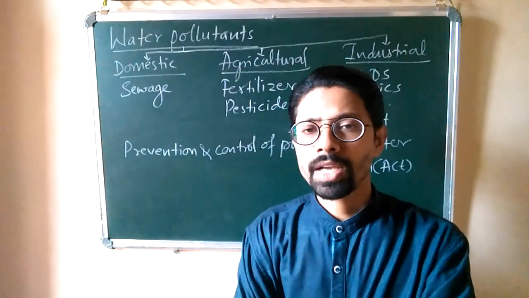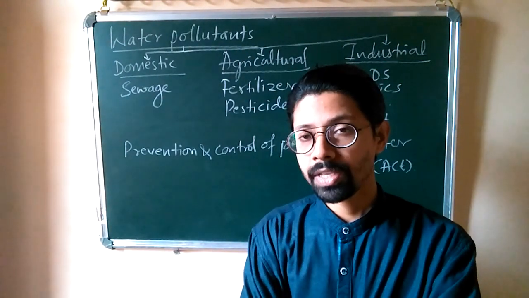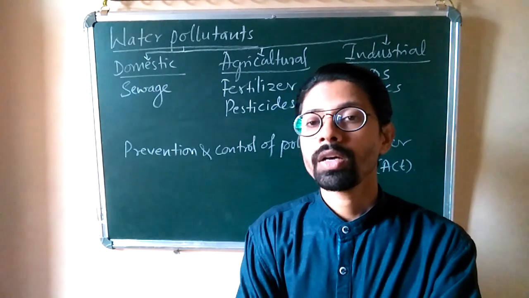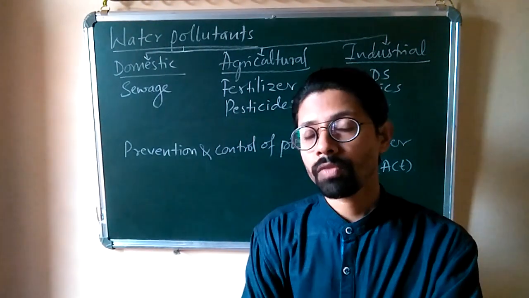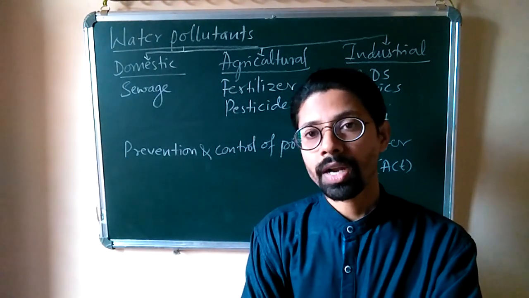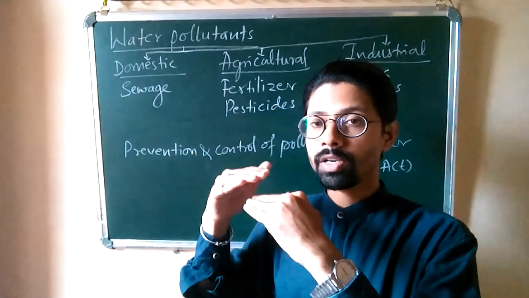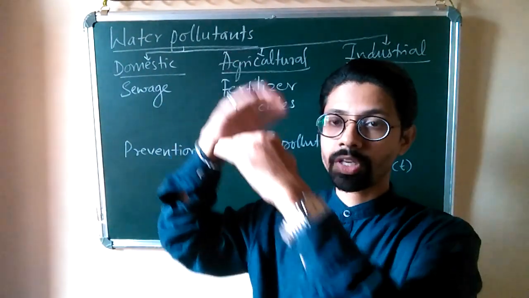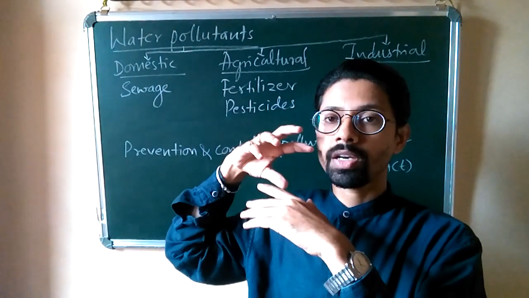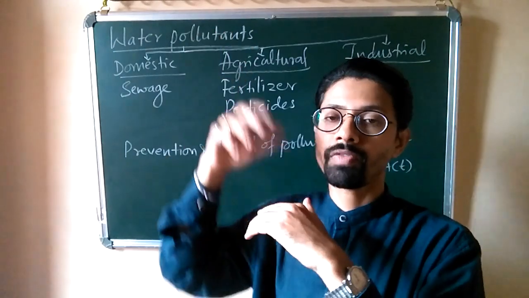Many of the pesticides are non-biodegradable, that means when they are sprayed in the fields in agriculture, they are not degradable, and they remain in the soil for a longer time. They also get dissolved in the water and reach the water bodies. They enter the food chain from primary consumers to secondary to tertiary. The concentration of pesticides increases along with the trophic level.